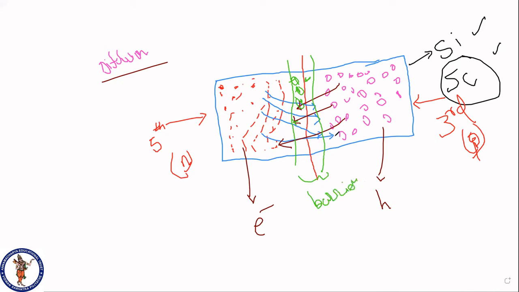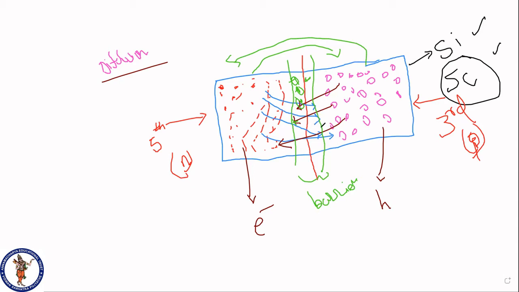After some time, once the barrier has been created, the electron cannot move from this side to this side. In the same way, the hole cannot move from here to here. Initially it will move, but after some time it won't move. And this is about the p-n junction diode.